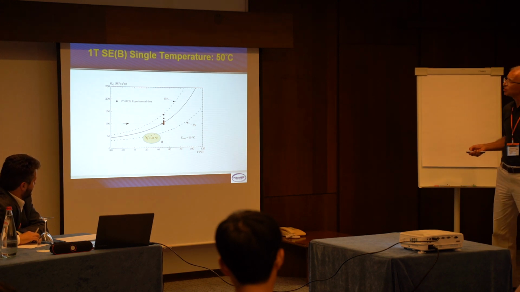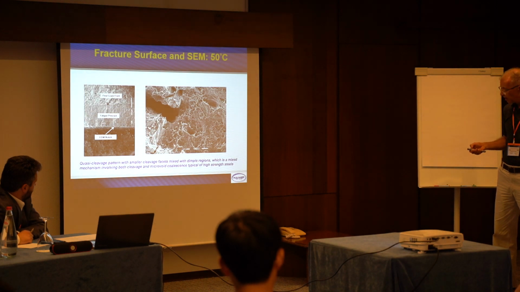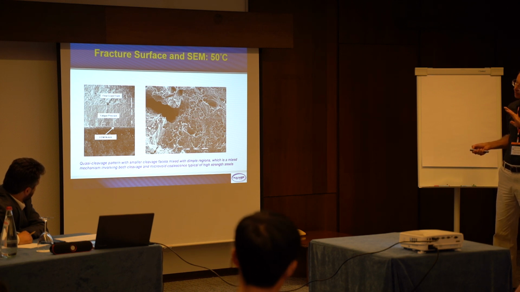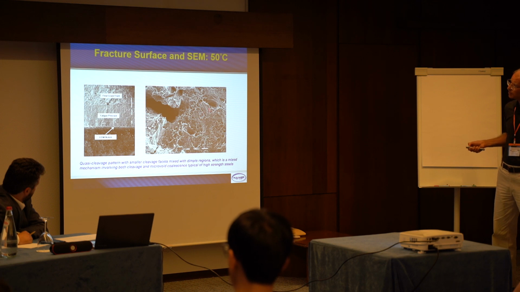So this is the 1T then at 50 degrees, 45, 47. That's very interesting. We saw no plasticity in the crack front, but we start to get some quasi-cleavage pattern here. You can see some cleavage facets and also some dimples.